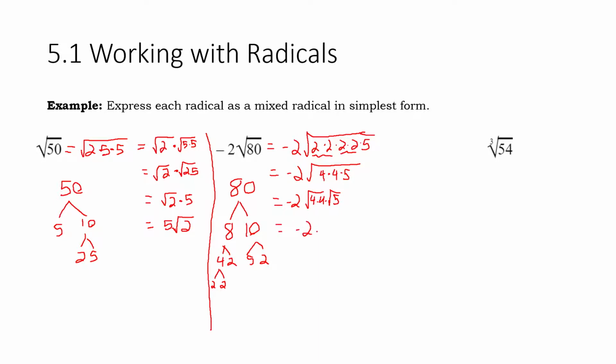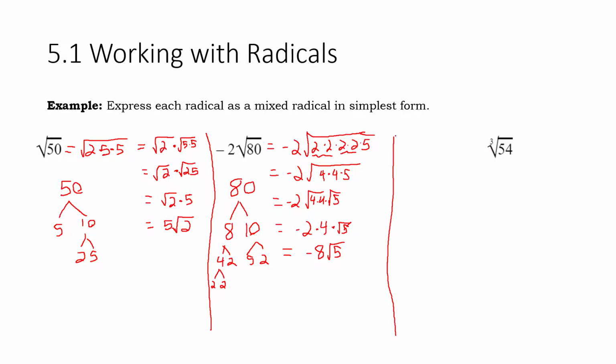So negative 2 times 4 times root 5. This negative 2 and the 4, we can combine those. That'll become negative 8 root 5. That is simplest form, and that's a mixed radical.